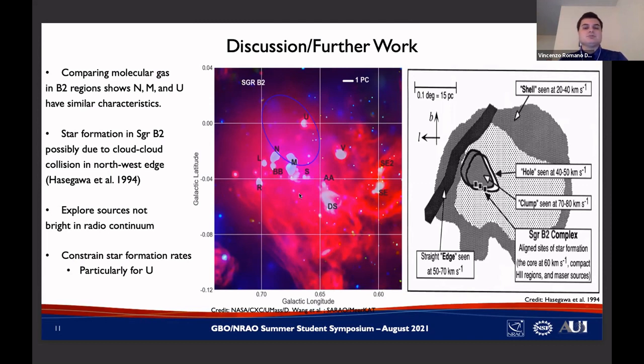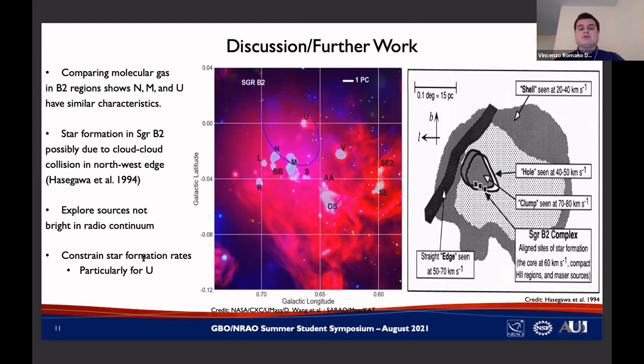I would specifically look into sources that are not bright in the radio continuum, in this northwestern region here, to see if there's any correlation with the possible cloud-cloud collision. Another thing to note is that region U is extremely understudied in the literature, so there are really only basic descriptions of the region given.